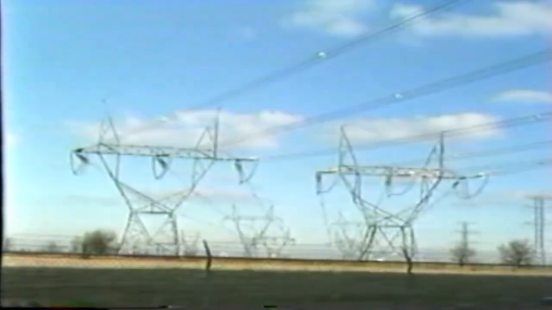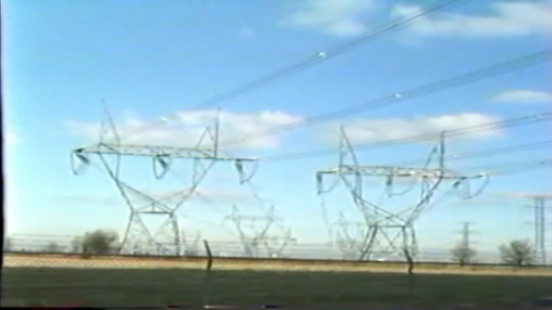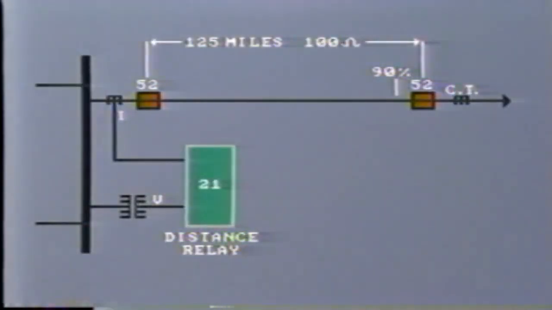It is important to note that we are talking about the impedance that is measured by the relay, not the resistance. Obviously, this is because the conductors contain both resistance and reactance. Typically, the conductors in this 125-mile-long transmission line will contain a resistance of, say, 50 ohms and reactance of 86.6 ohms.